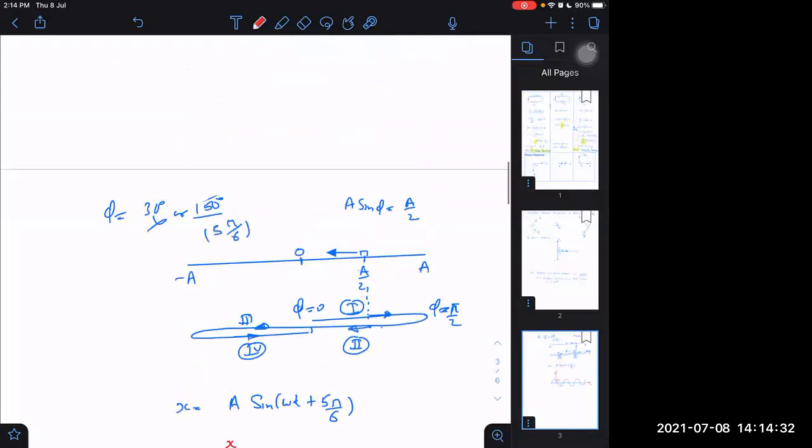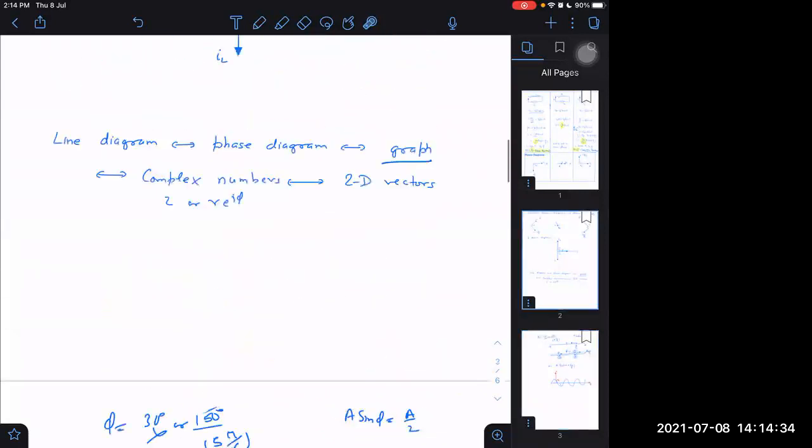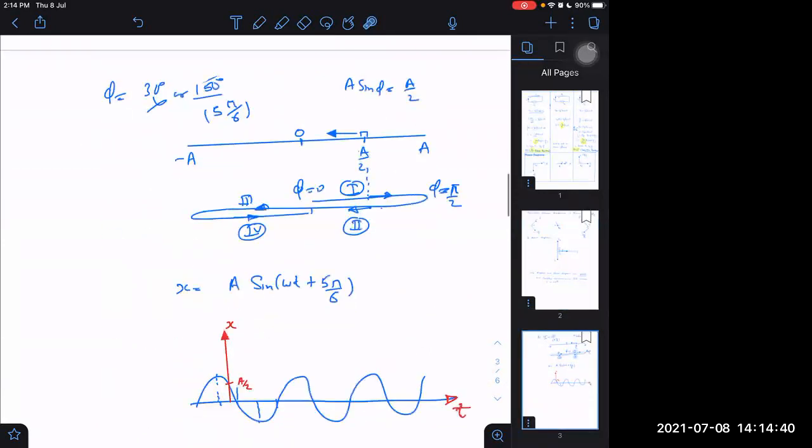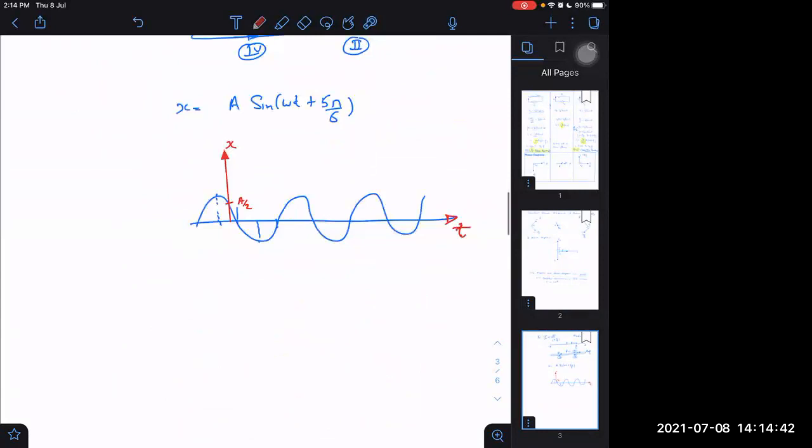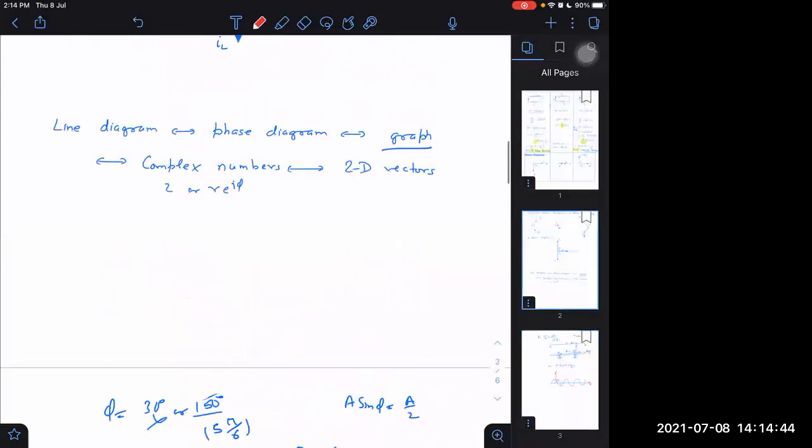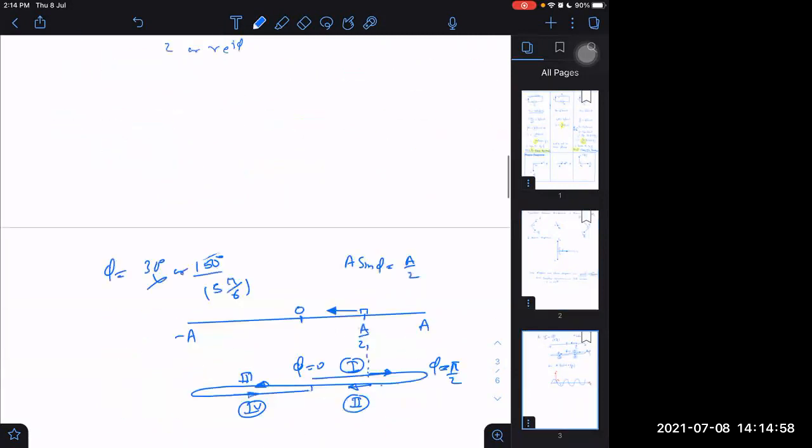So what we have done already: one thing, second thing, third thing. How to represent the phase diagram, this we have not done. I forgot to add one more important point here: line diagram, phase diagram, and the equation is also there. Equation we have already done. Line diagram done. Now come to the phase diagram.